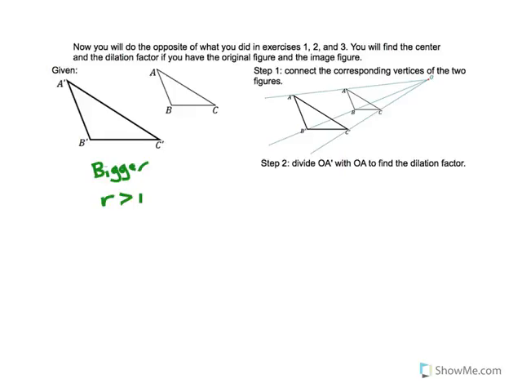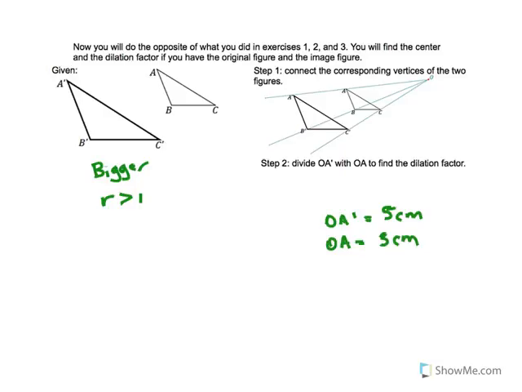The distance from the center to A prime, so from O to A prime, is 5 centimeters. The distance from the center to A original is 3 centimeters.